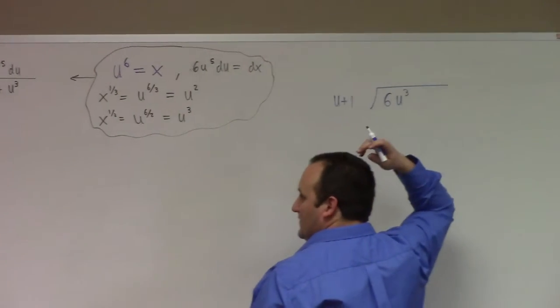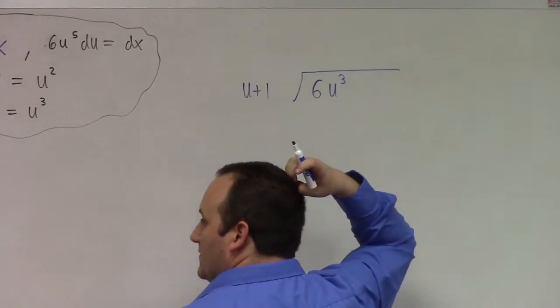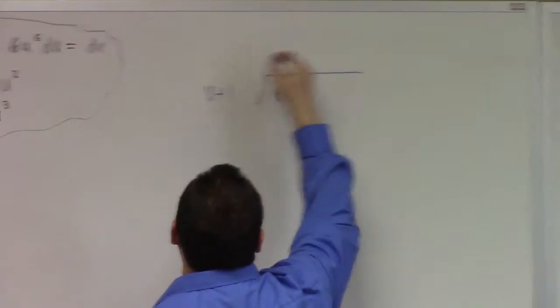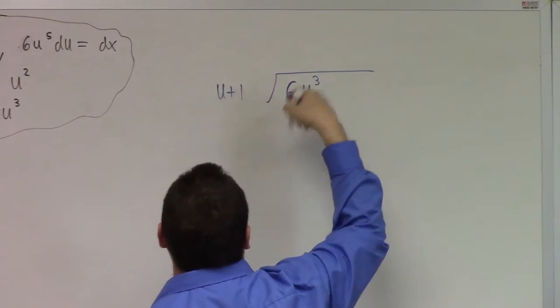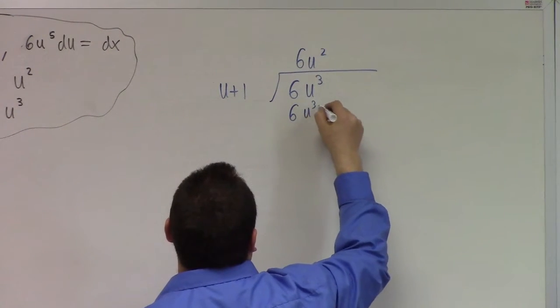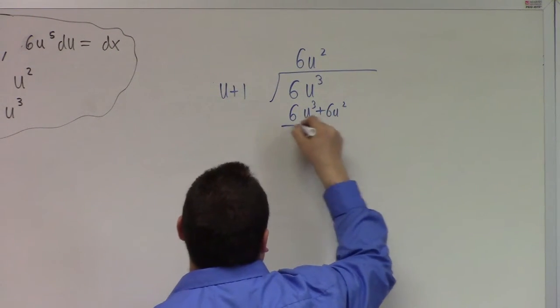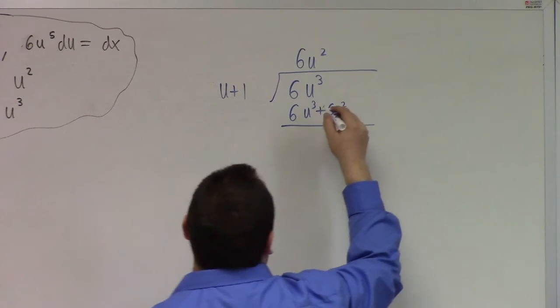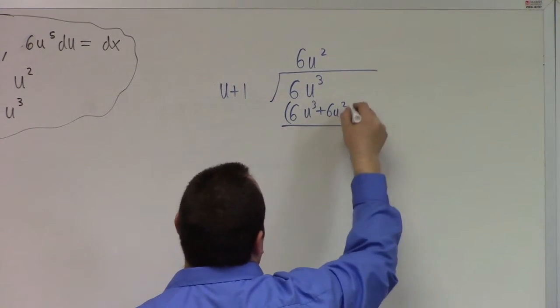I suppose you could leave the 6 out of this. It would be easier. Oh well, too late. So this is what? I got a 6u squared. Yeah, it would have been smarter to factor the 6 out to start with, but oh well, too late.